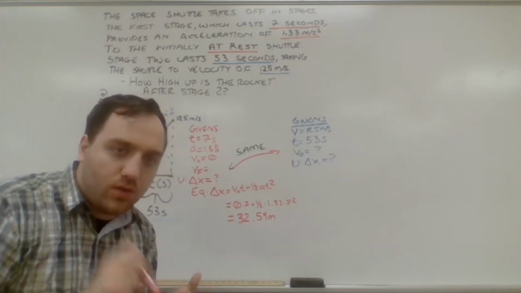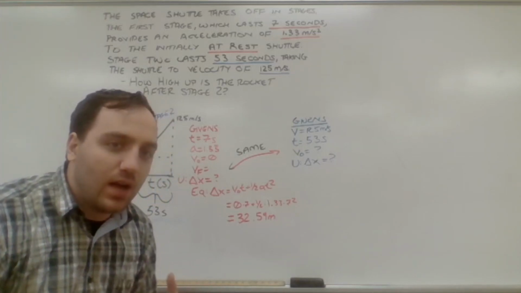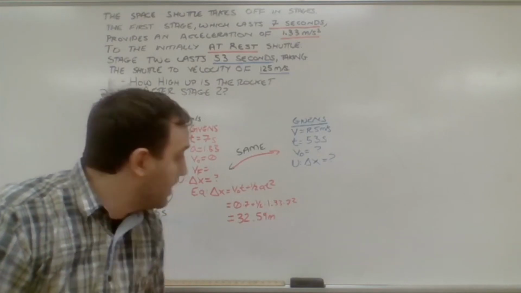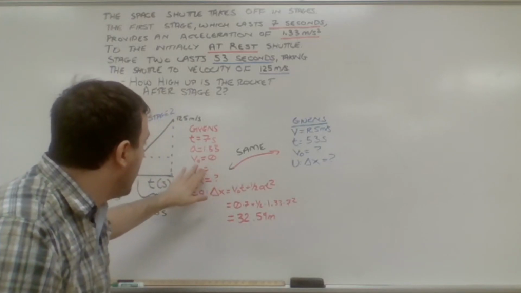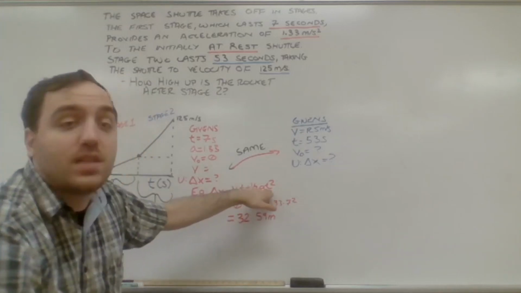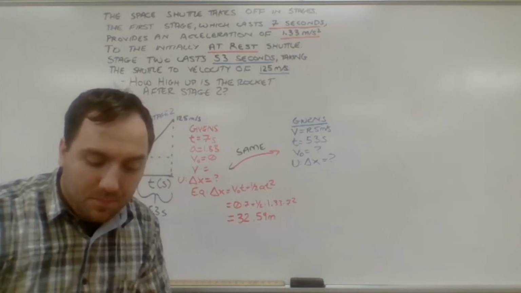I could use the V equals V naught plus AT equation. The only equation I can't end up using is this one because it doesn't have V final or V by itself anywhere in it. This equation doesn't help me because it doesn't have V. Any other ones are fair game.